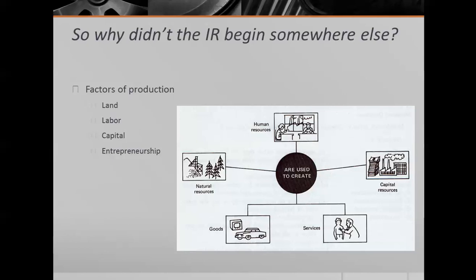And then entrepreneurship is groups of individuals with the knowledge of combining land, labor, and capital to establish this factory production. And that's a good little visual that you have right there to the right that shows how goods are created today. If you have the natural resources, human resources, and the capital resources, and somebody to create it, then you are going to create goods and services for people.